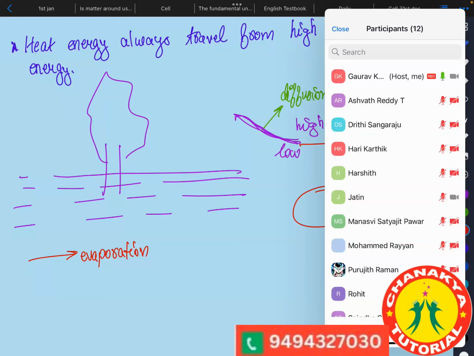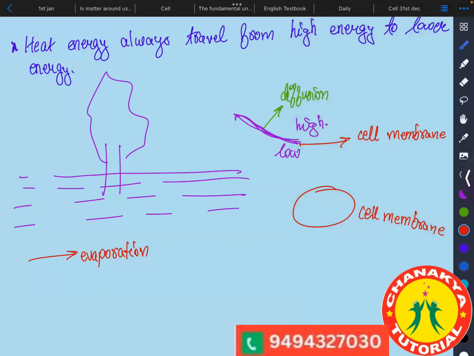There must be a little difference. Let's say the cell in your skin contains 80% water, and the water I have dropped on it is 81%. So there is a very minor difference.